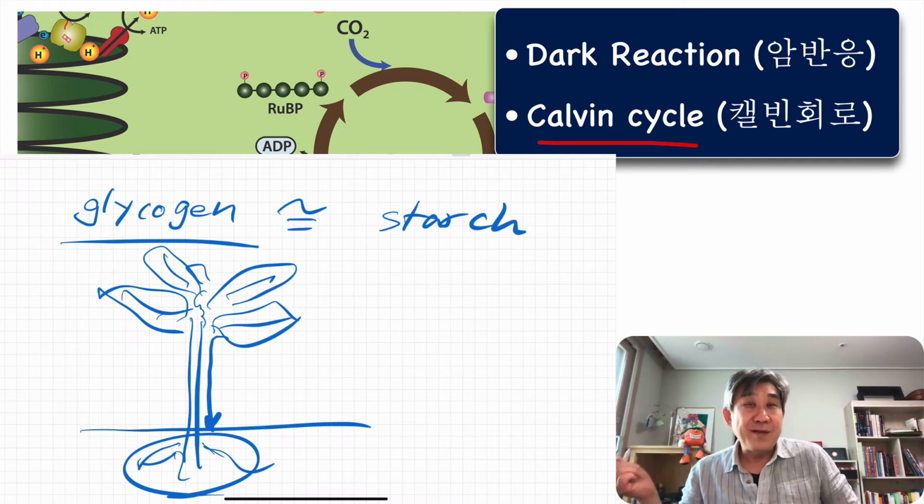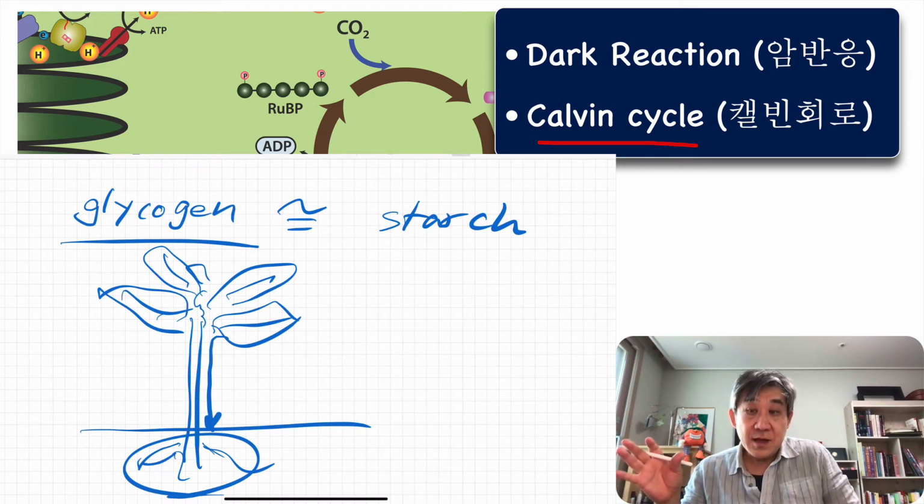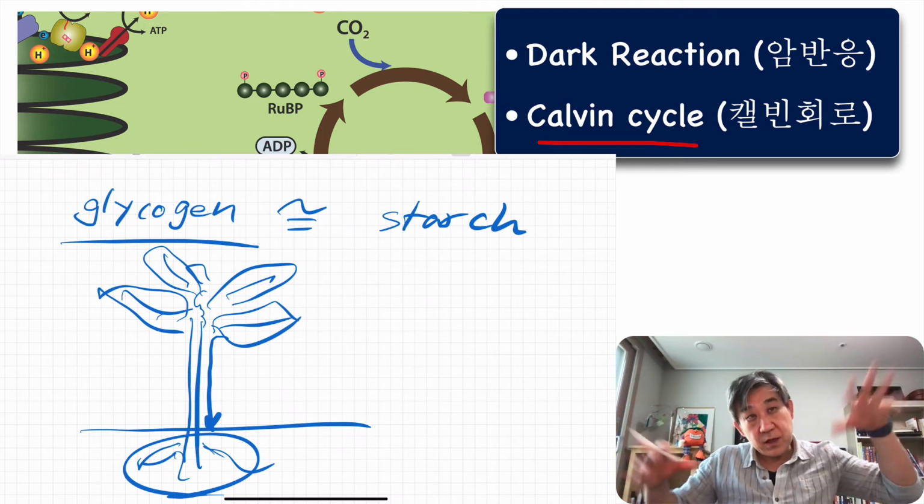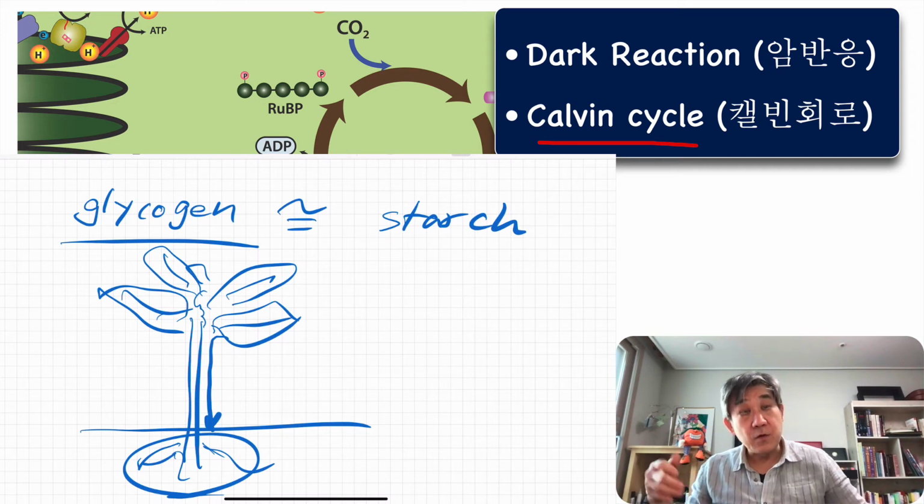In what kind of form of sugar are they going to transport this? Glucose? If they simply shipped their product as it is, as glucose, it would be too dangerous, too risky, because glucose is, chemically speaking, too reactive. It will easily interact with other chemicals to become something else, or be easily metabolized. It's all gone.